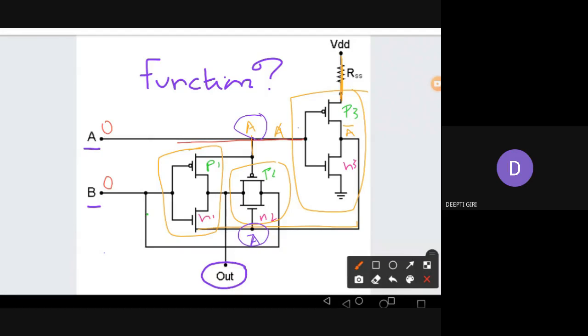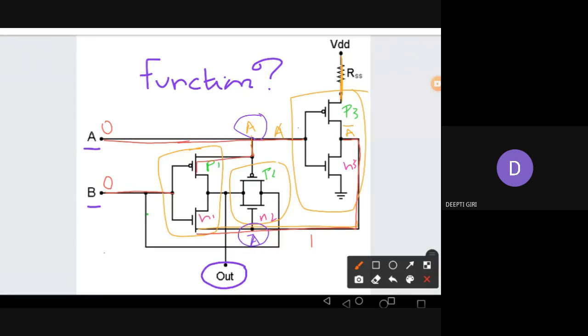1 is coming into the A bar, so 1 is coming in this bus. Okay, this is 1. Now B is going here, and B is 0, which means this PMOS is on.